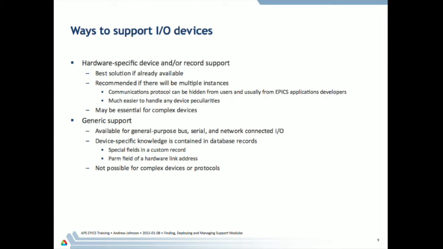A midway, which we do recommend, would be something like StreamDevice. We'll be talking about StreamDevice later on in the lecture series. It's a way of writing hardware-specific device support for message-based serial-type devices, but using generic software. All you have to do is write a protocol file which defines the particular messages that you're sending.